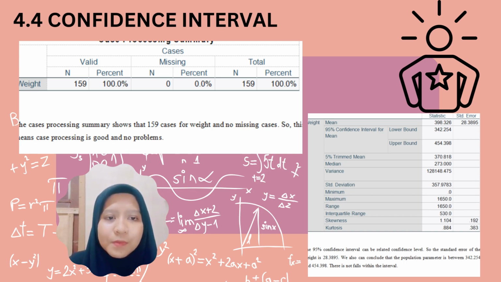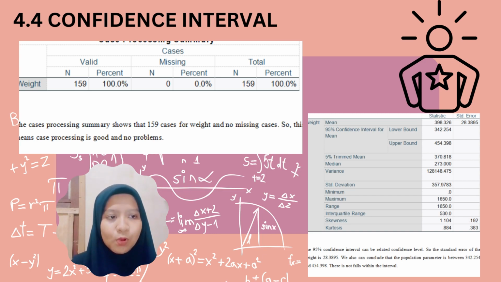The case processing summary shows 159 cases of weight and no missing cases. So this means case processing is good and no problem. Okay, next I searched for descriptives for weight. So the 95% confidence interval can be related to the confidence level.